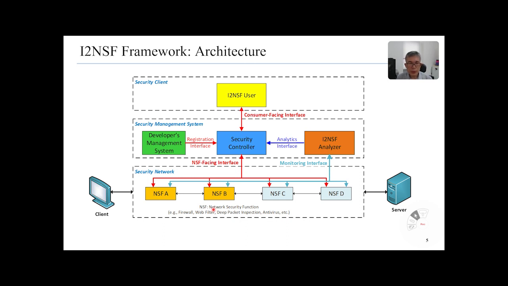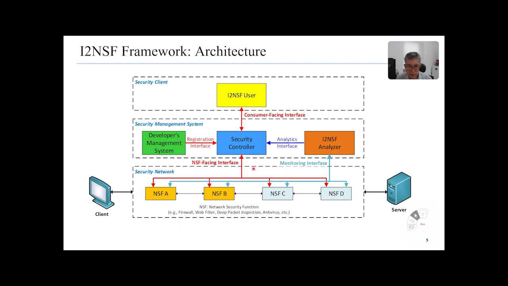This figure shows the I2NSF framework architecture. Basically, the top one is the client system called the I2NSF user, and the management system has the main brain component, the security controller. The developer management system provides a security solution, and the I2NSF analyzer is the machine learning component for data analytics for I2NSF.